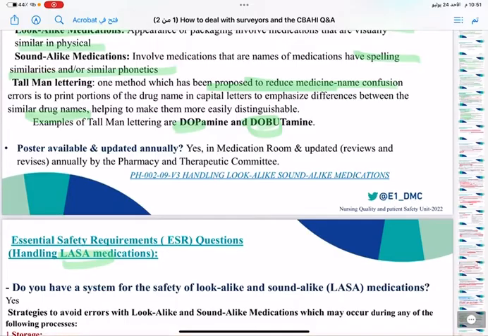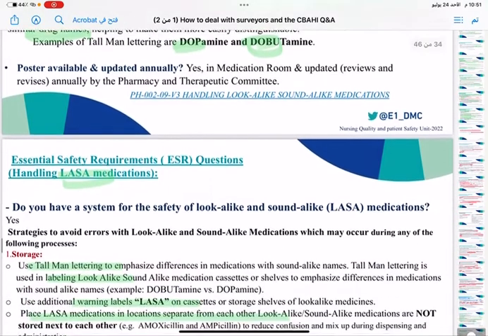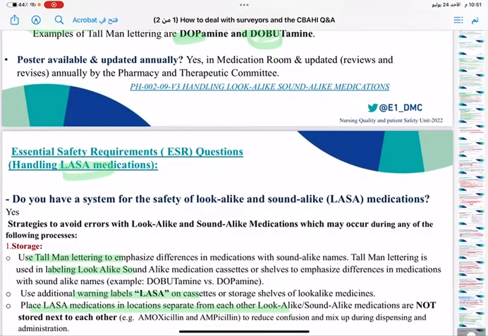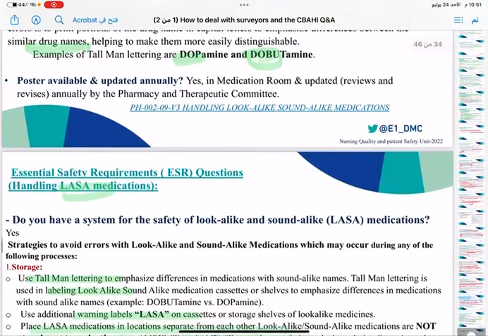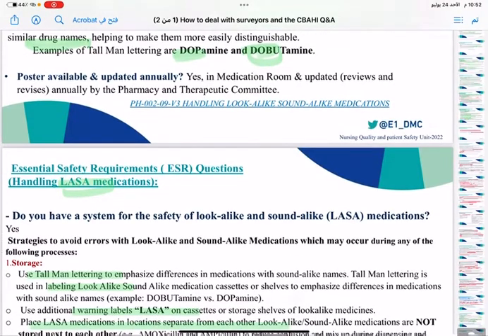Tall man lettering is for the different pronunciation and shape or sounds, okay?